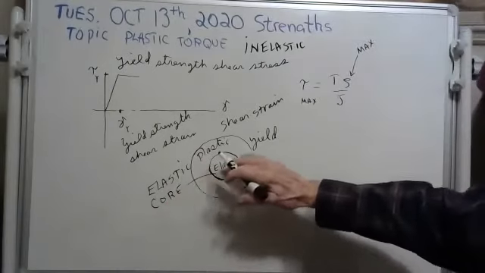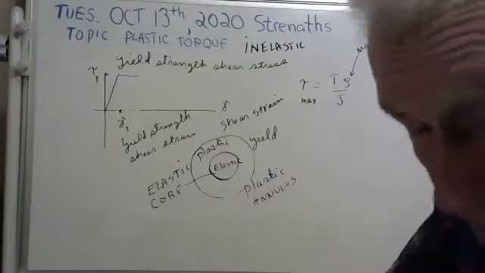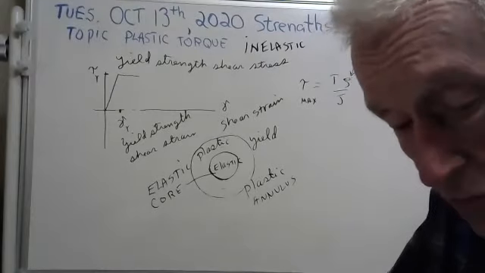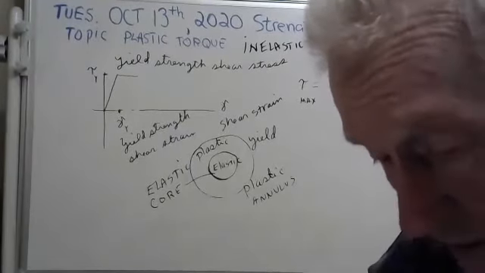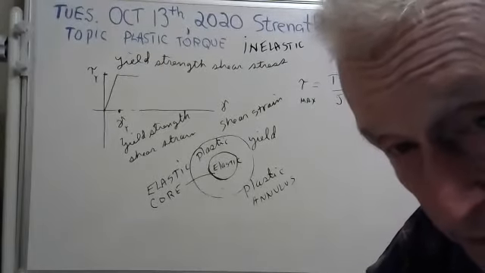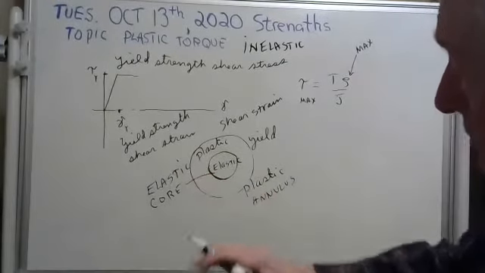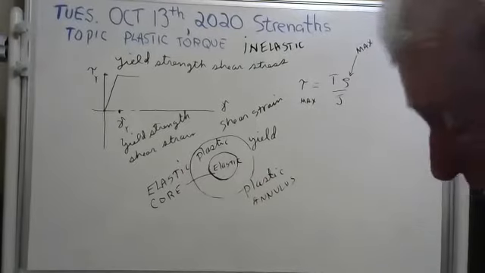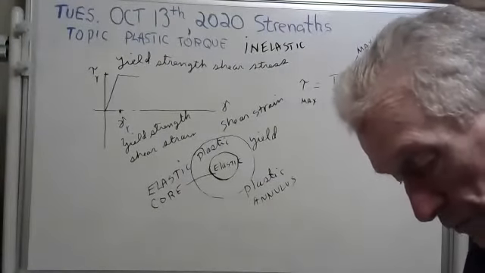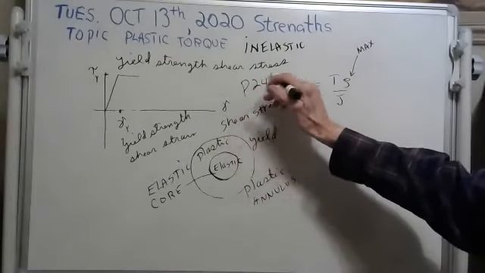And this other part is called the plastic annulus. I know you've seen trees that have been cut down and they have these rings. They're called annular rings. And you can tell how old a tree is by counting the annular rings. Well, they call this the plastic annulus.